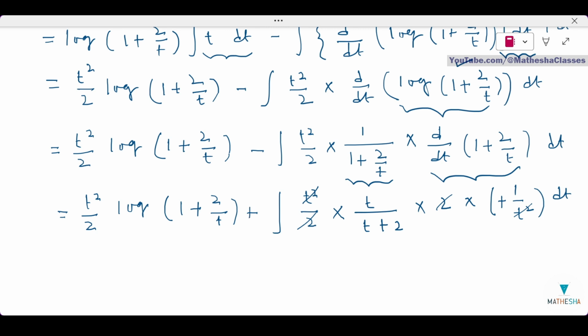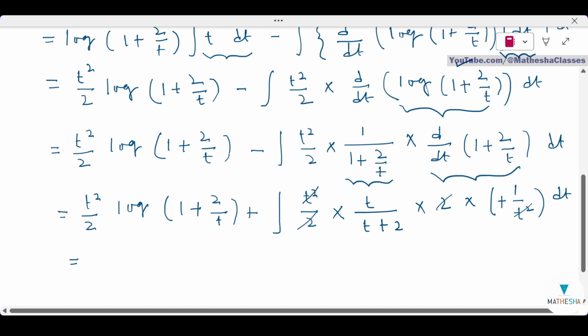So that will be equal to t square by 2 log of 1 plus 2 upon t plus integration t by t plus 2 dt.